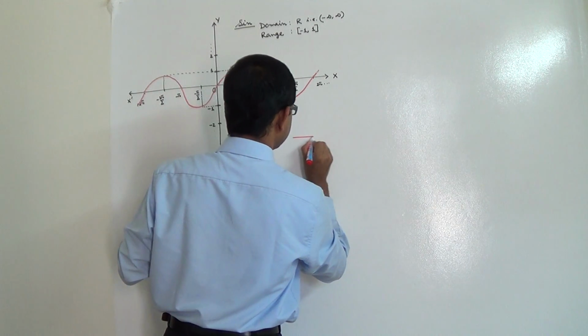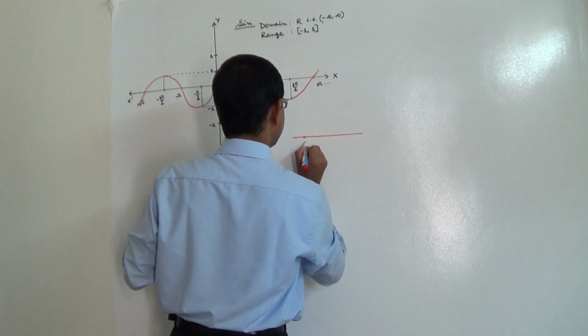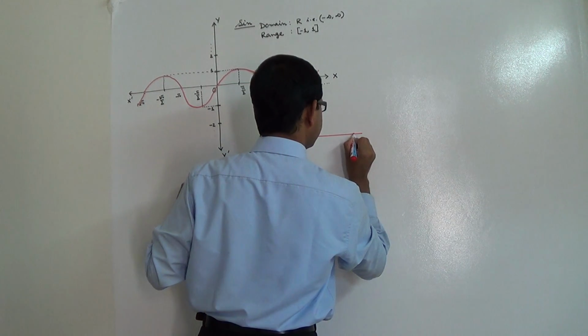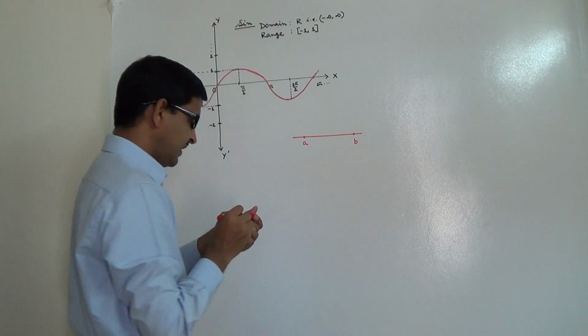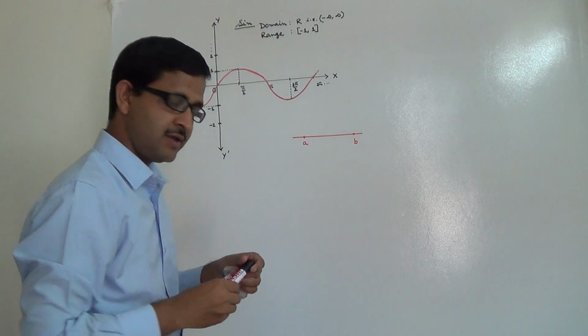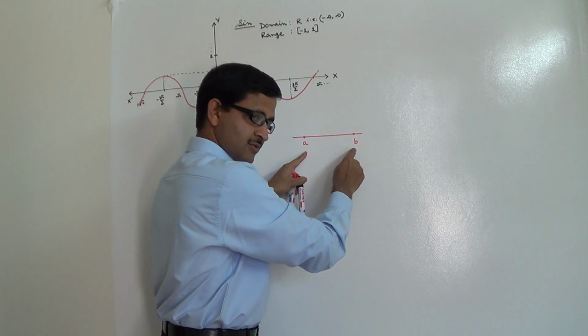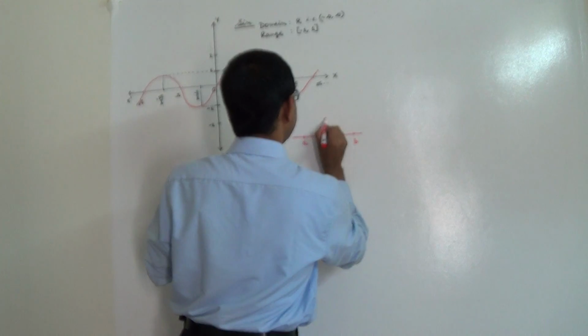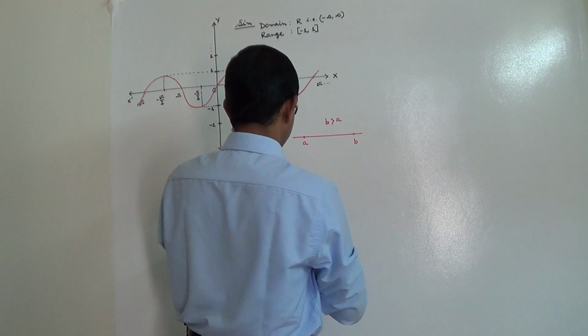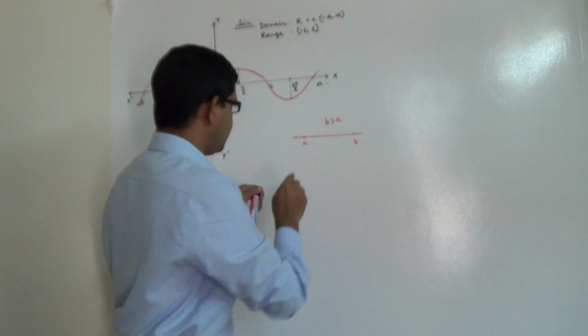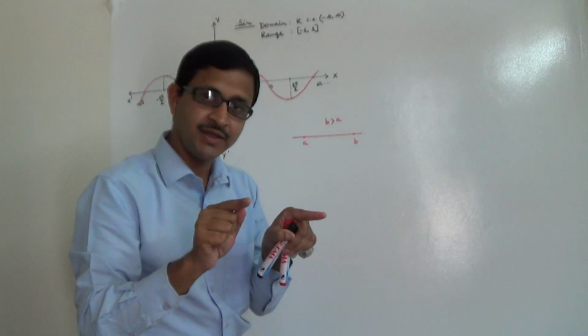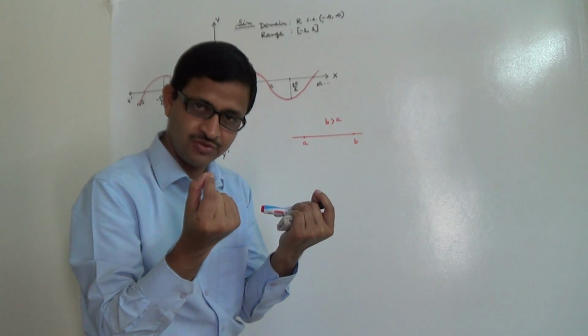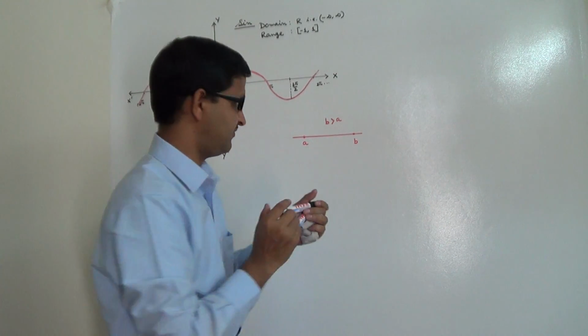Suppose I have two real numbers. One real number here is A and another real number here is B. Then any value between A and B, and we are assuming that B is greater than A, including both A and B, is called a closed interval.